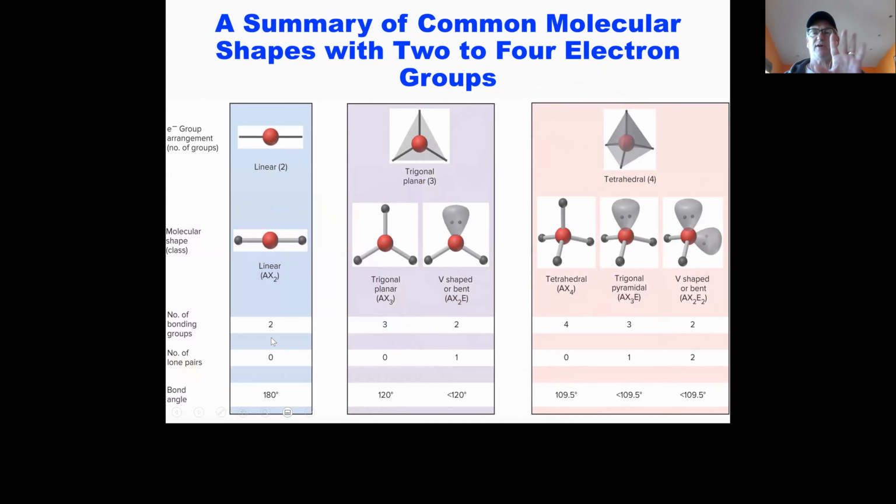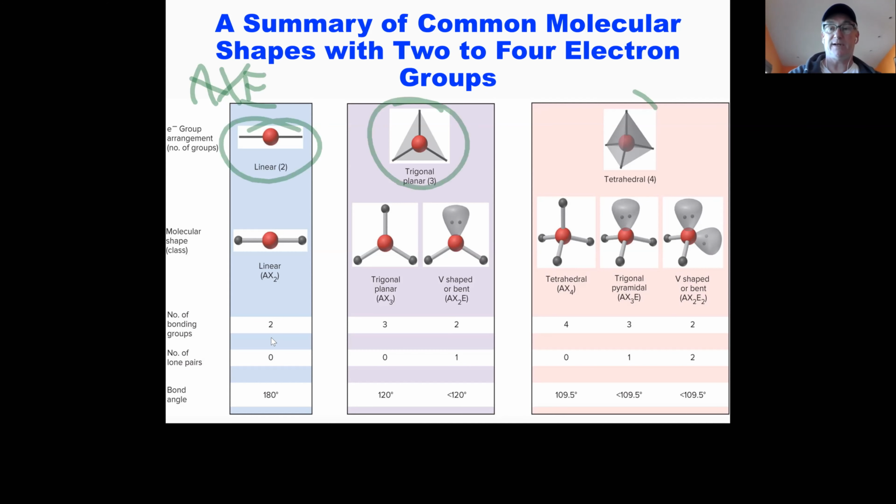So here's just the summary. This is what's printed out, what's made available to you on Canvas. The take homes, what I want you to remember, is when you do the AXE, remember that the total number, X plus E, gives you the total number of electron groups. That will refer you to this geometry, or this geometry.